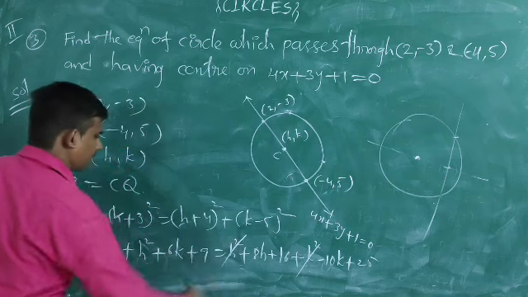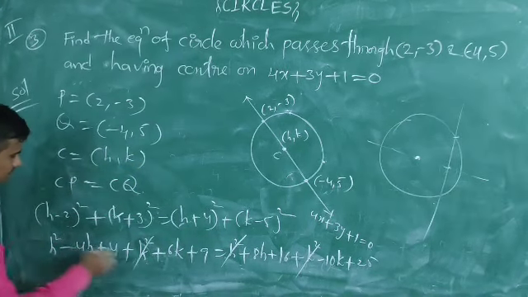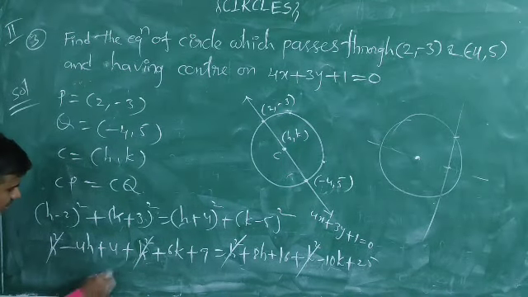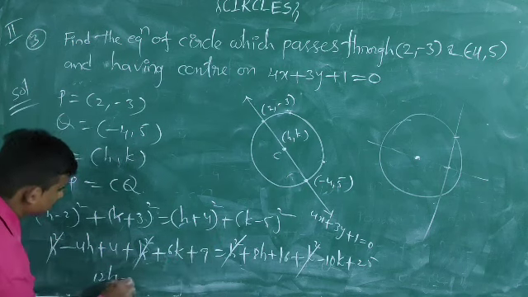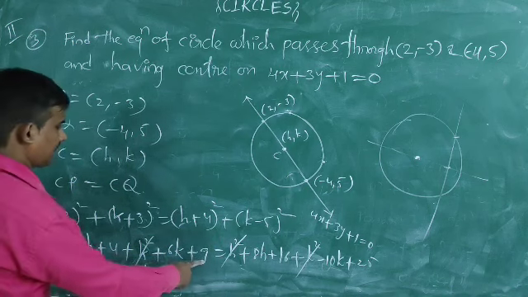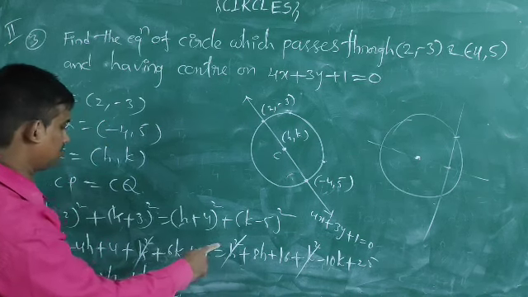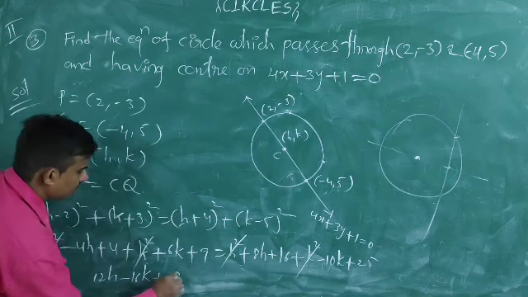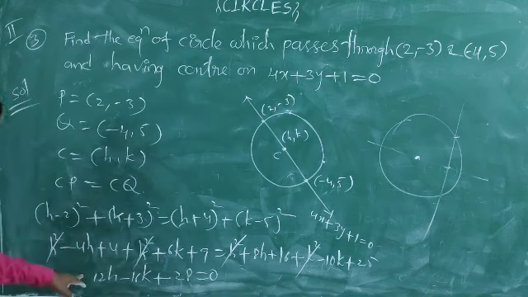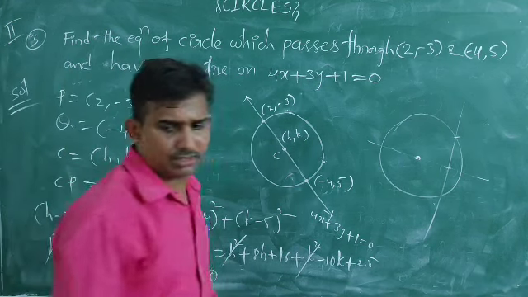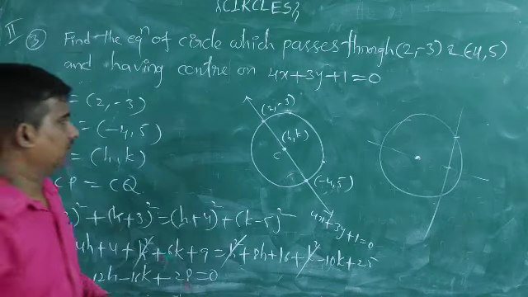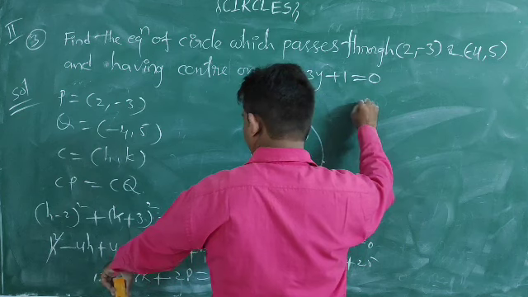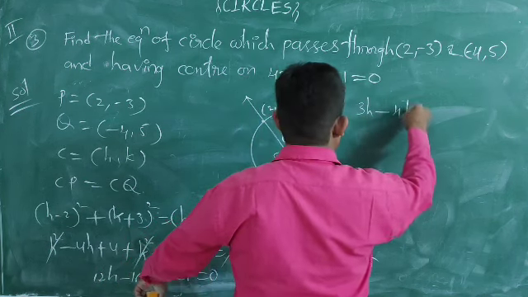Cancelling like terms on both sides, h square and k square go, so we remain with minus 12h, and 6k becomes minus 16k, and 4 plus 9 is 13, 16 plus 25 is 41, so 28 equal to 0. We may take 4 as a common factor, then we get 3h minus 4k plus 7 equal to 0.